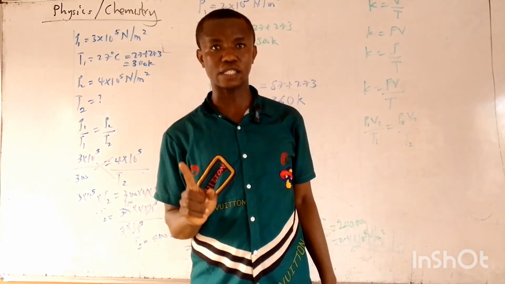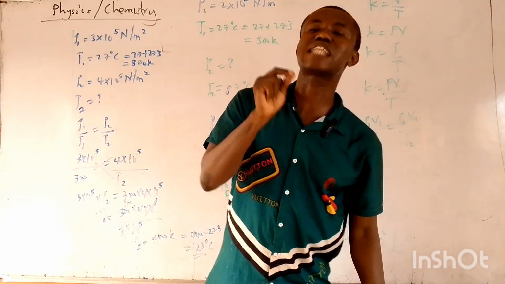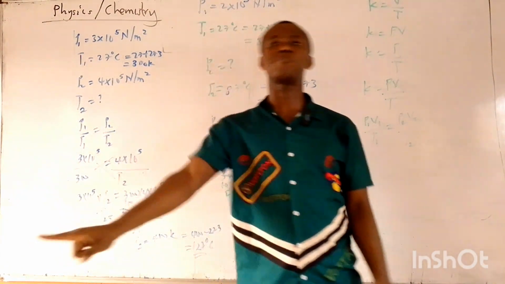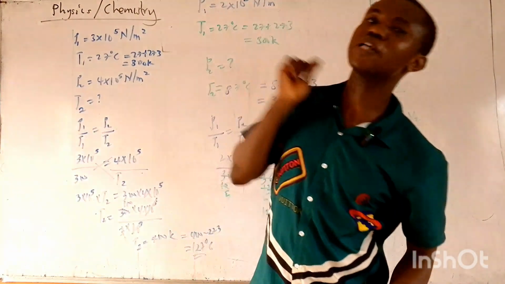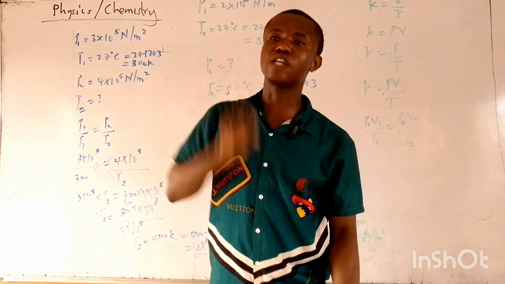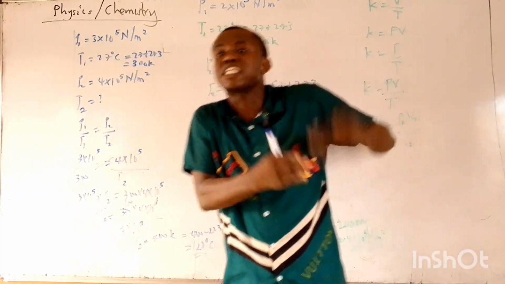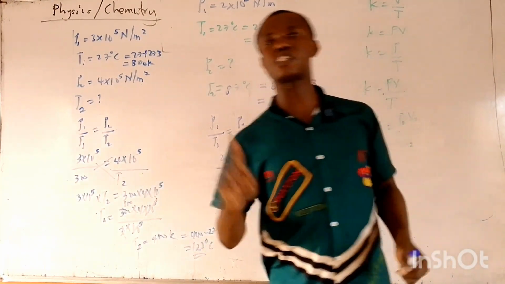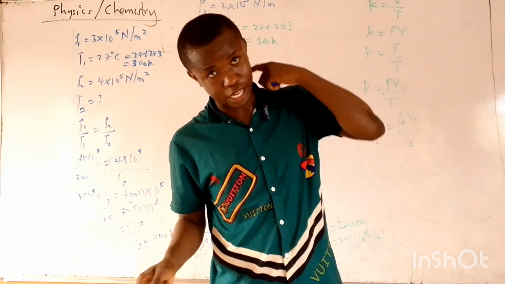Am I communicating? STP means standard temperature and pressure, so they're trying to tell you that at 273 Kelvin and a pressure of 760 millimeter mercury, that is what they're trying to tell you there. Do you understand?